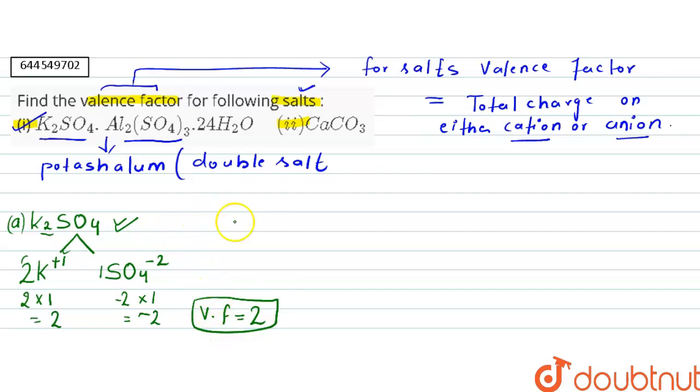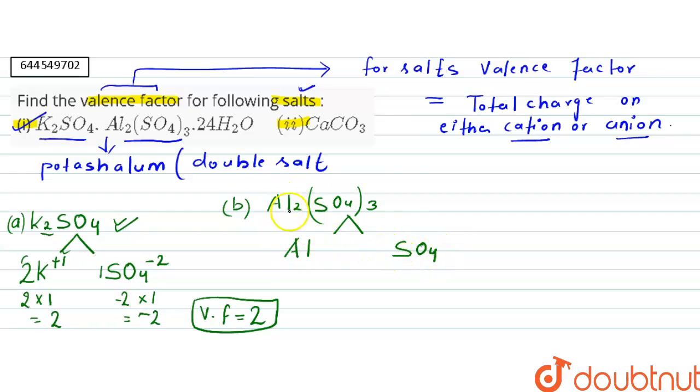And now we'll talk about the salt aluminium sulfate, which is a part of potassium alum. We will break the salt again into aluminium plus sulfate.